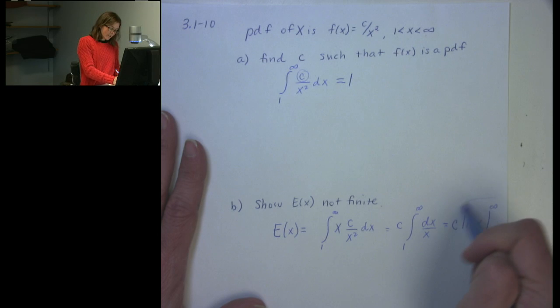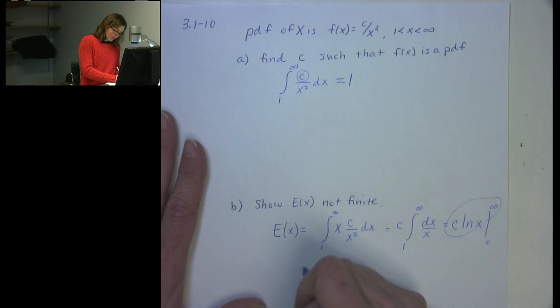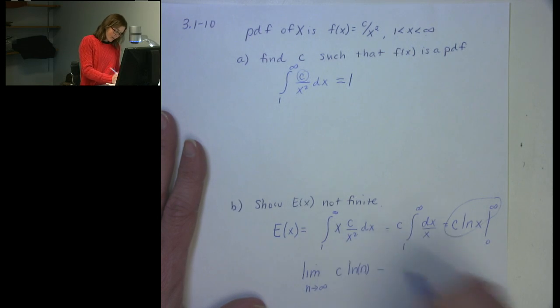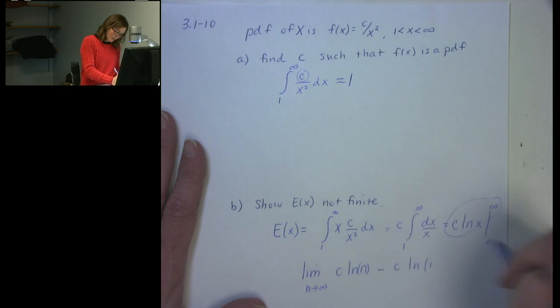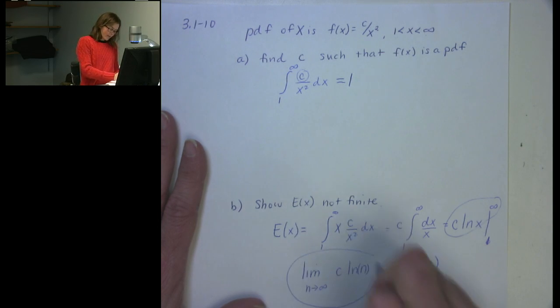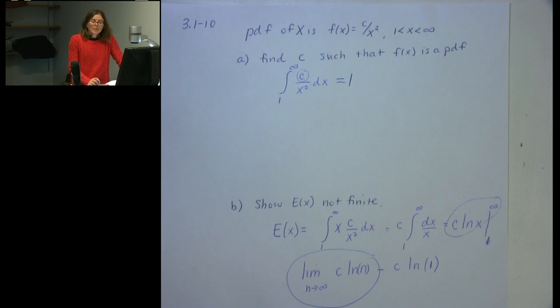Remember, when we want to evaluate at infinity, what we're going to do is take the limit as n goes to infinity of c times the natural log of n minus c times the natural log of, sorry, this should be 1, not 0. 1, and we need to focus on taking this limit, and if it's not finite, it means that we're going to have something that's not bounded here.